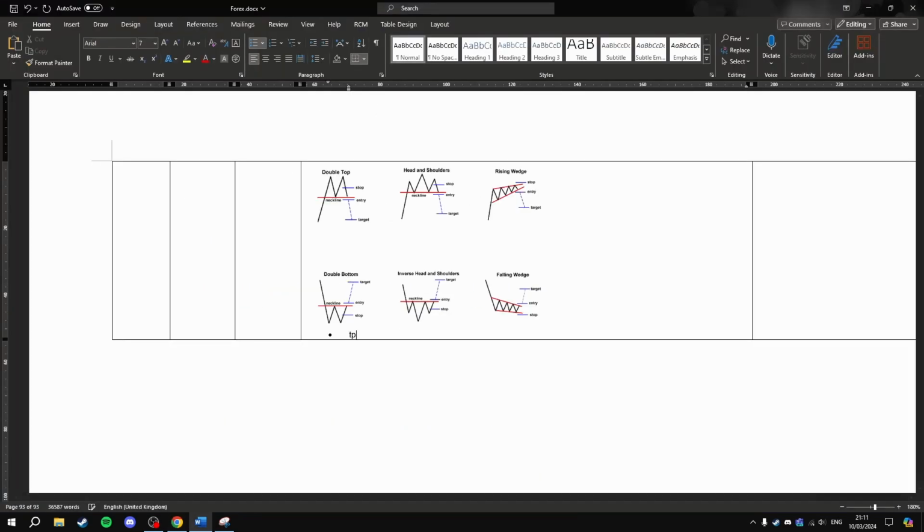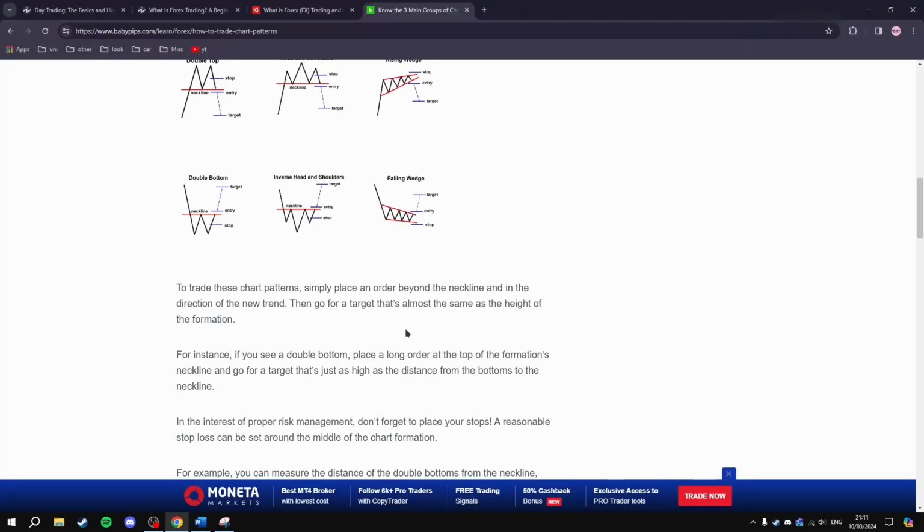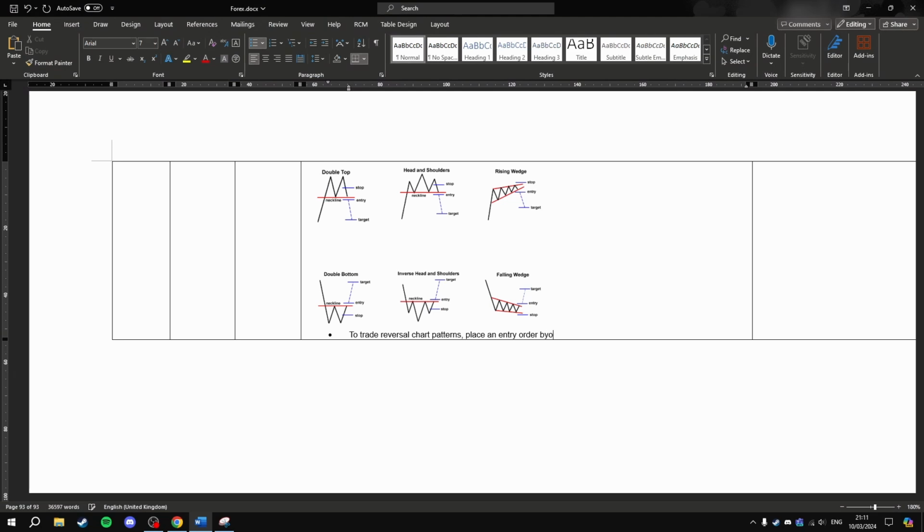So, to trade reversal chart patterns, place an entry order beyond, basically above, the neckline and in the direction of the new trend.